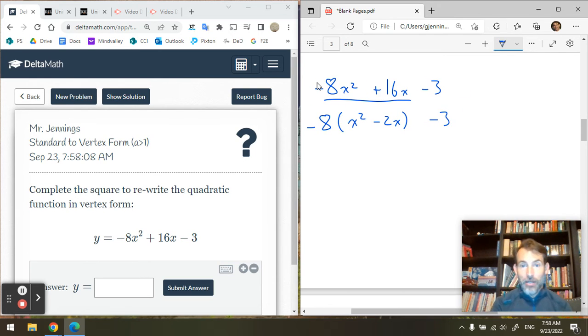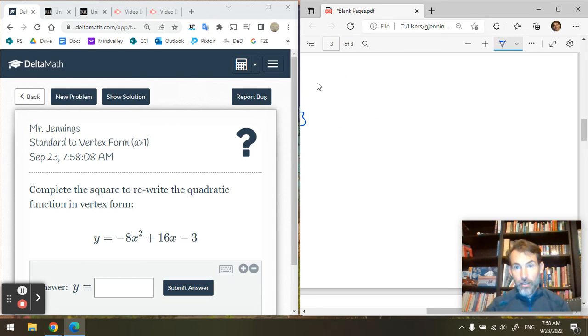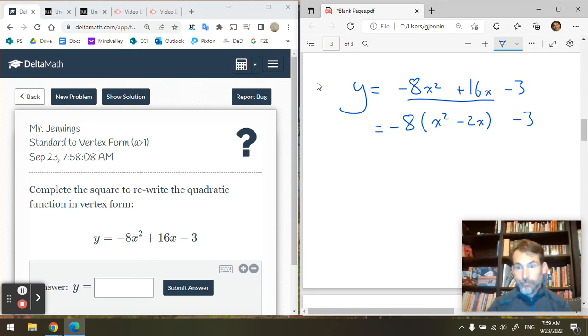I take this b number of minus 2, okay? Do it on the side. Minus 2 divided by 2 squared equals negative 1 squared equals 1. So add and subtract 1 to this equation. This equals negative 8 times x squared minus 2x plus 1 minus 1, minus 3.